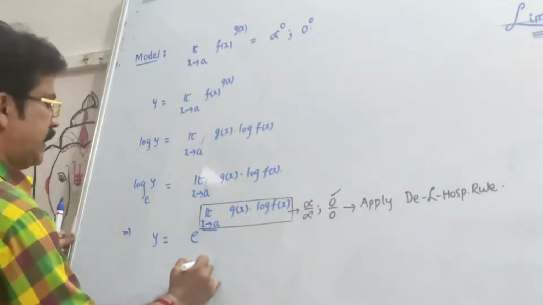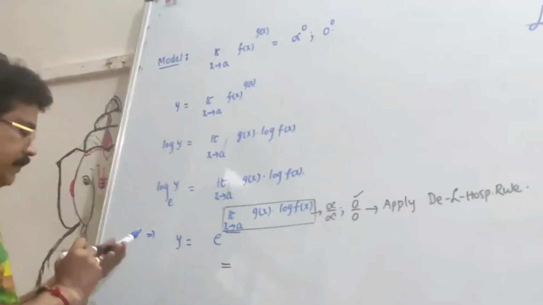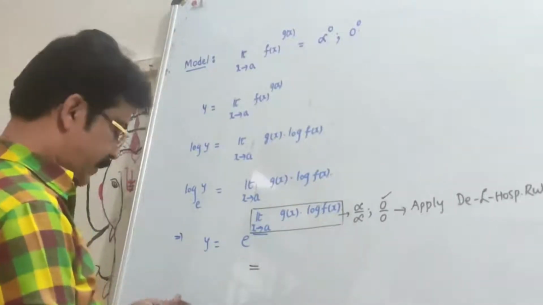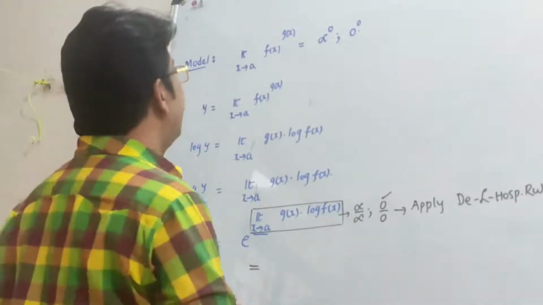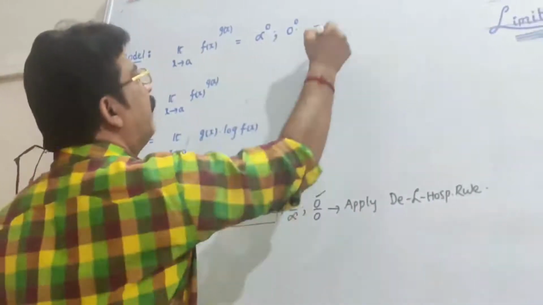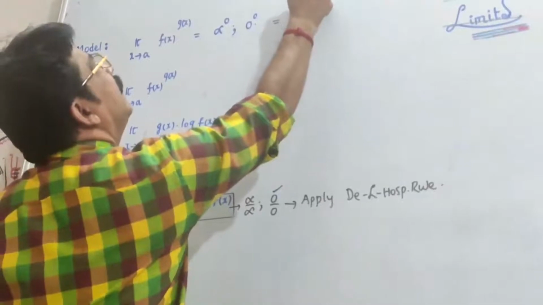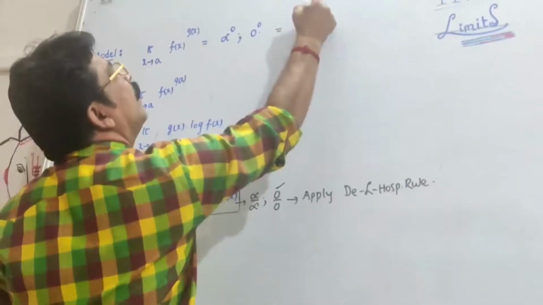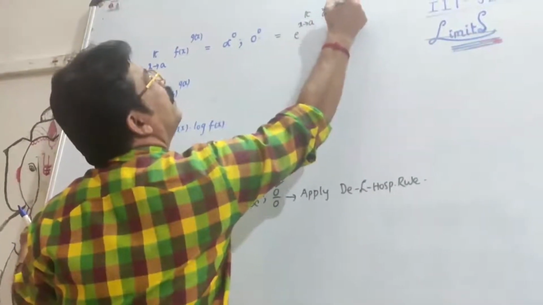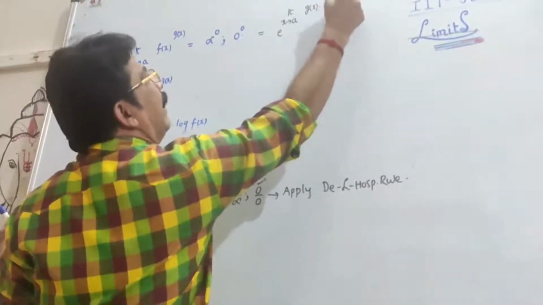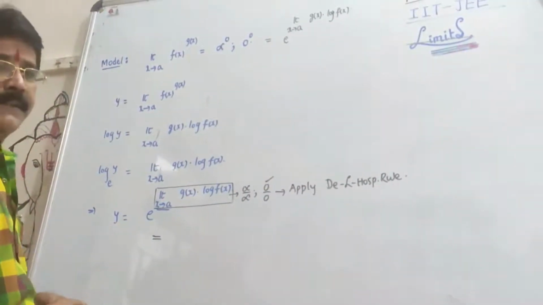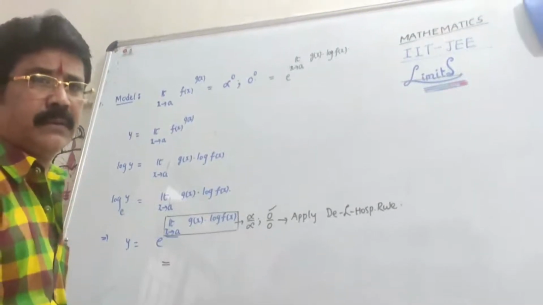This is the procedure for finding the value of the given limit x tends to a f of x whole to the power of g of x. Okay, I will write here. So that is equal to, I will write directly e power limit x tends to a g of x into simply logarithm of f of x only. Minus 1 is not there. Understand? This is the standard procedure.